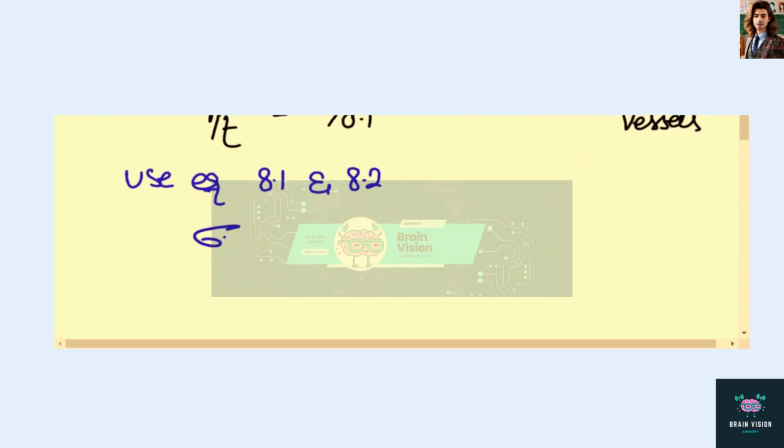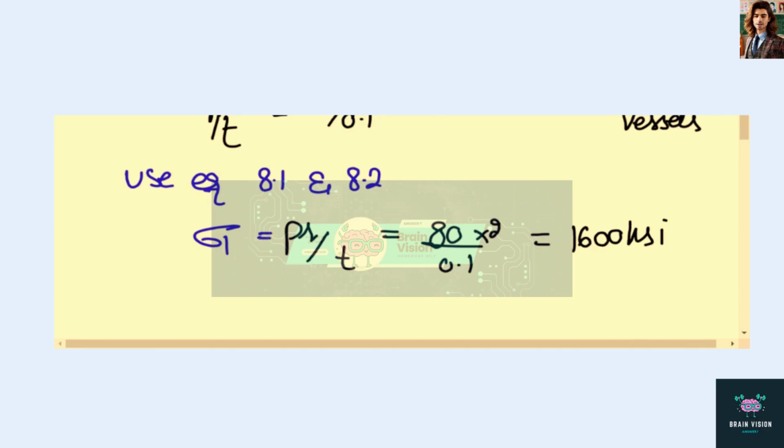So sigma sub 1 is equal to P times r divided by t. That is 80 times 2 divided by 0.1, which equals 1600 ksi. Next, we need to find the second stress, which is equal to P times r divided by 2t.